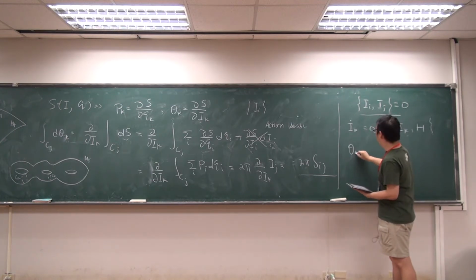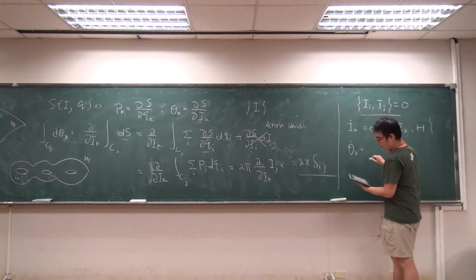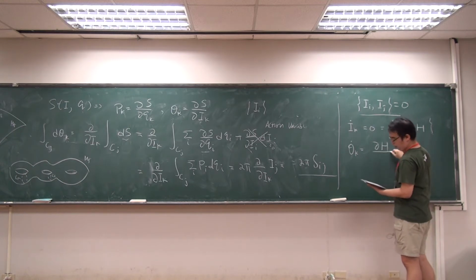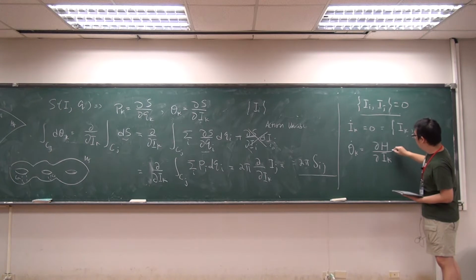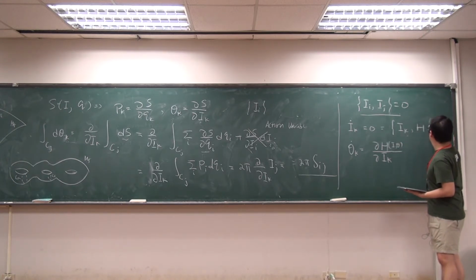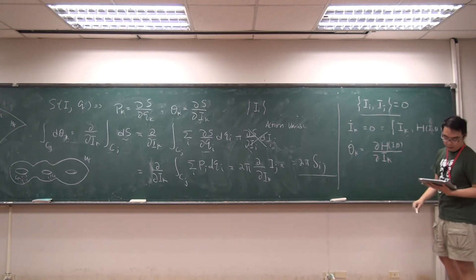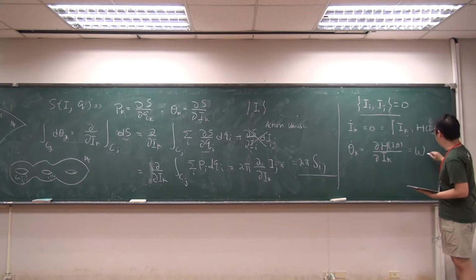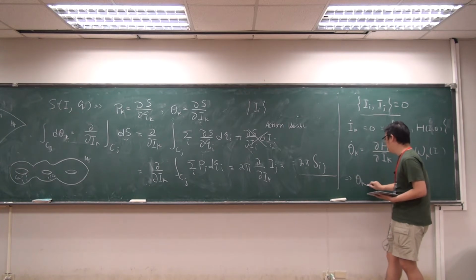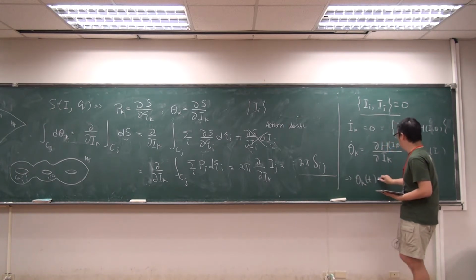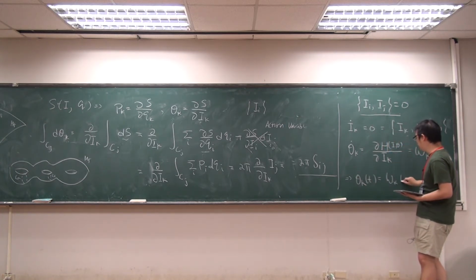And theta is given by dH over dI_k. So H here now should really be expressed as a function of I and theta. So this again is constant, and we deduce that theta_k is basically linear in time.